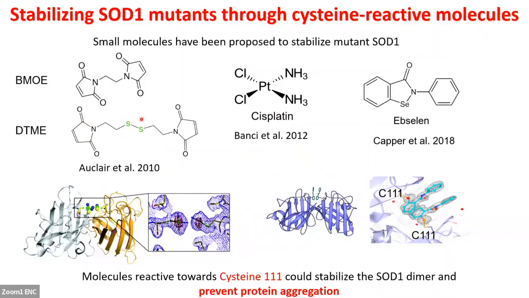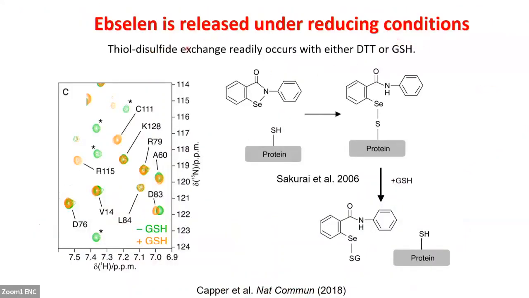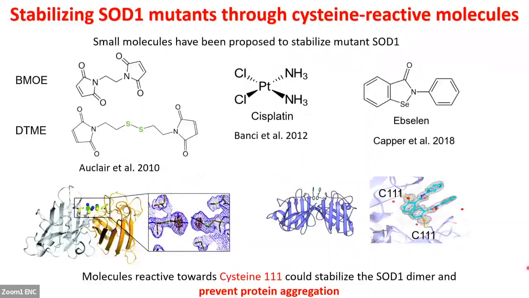And there have been proposed types of drugs, molecules, which stabilize the dimer through a bridge between two cysteines, the two cysteines of the two subunits. And so these are a number of molecules we have characterized. An interesting example is this epsilon, which is already a used drug. And it indeed binds these cysteines and bridges them.